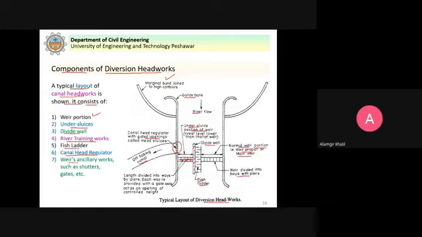And we have various ancillary works such as the shutters, gates, etc. And silt regulation works. We will study all these components in detail. Silt regulation works regulate the silt so that silt-free water can be diverted into the canal.